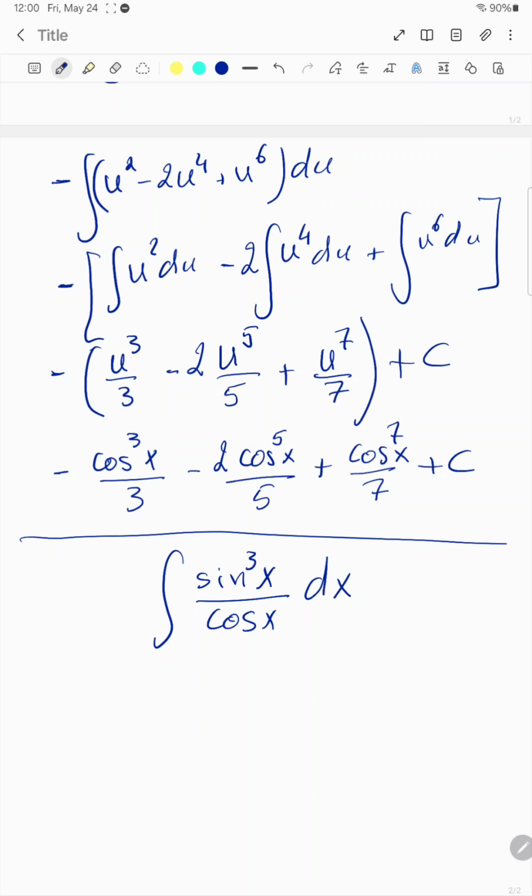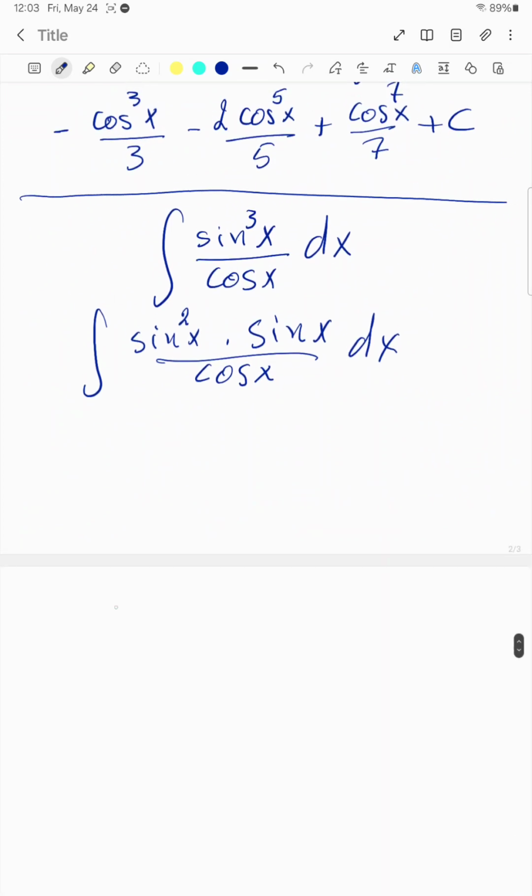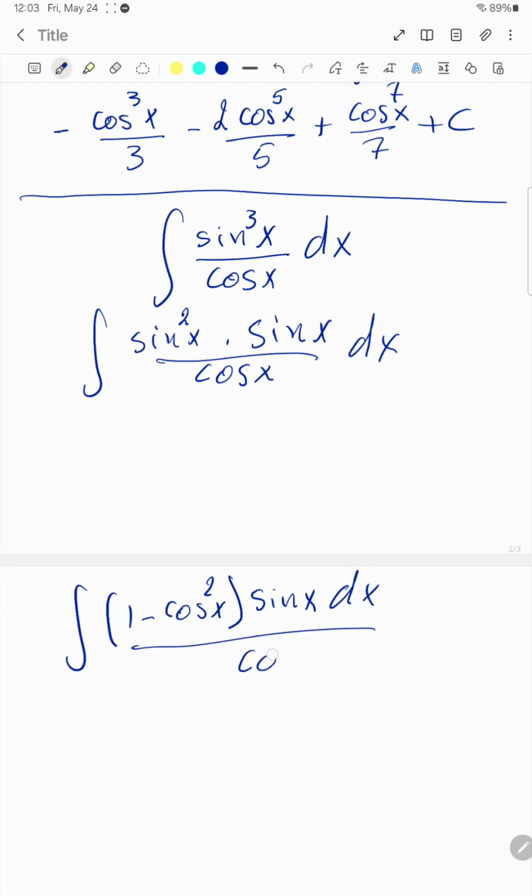I don't want to see a power of 3, so I can write it as the integral of sine to the power of 2x times sine x divided by cosine x dx. And again here, sine square of x, I can write it as the integral of 1 minus cosine square of x times sine of x dx divided by cosine of x.